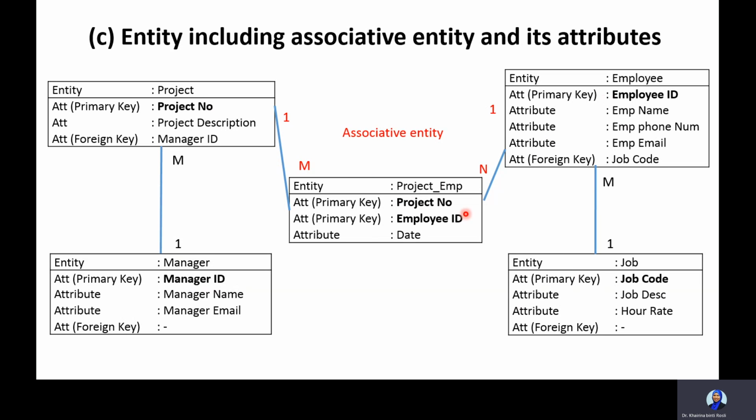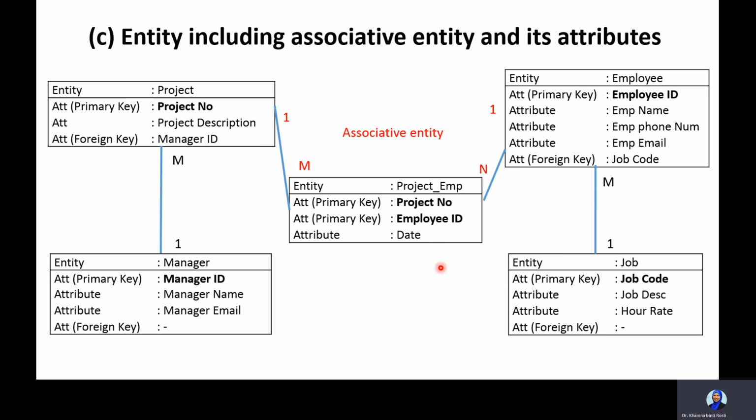So here there exist two primary keys. Remember, at the N side, it will take other primary keys to put into its entity attributes. And other attributes you can put as, for example, date.